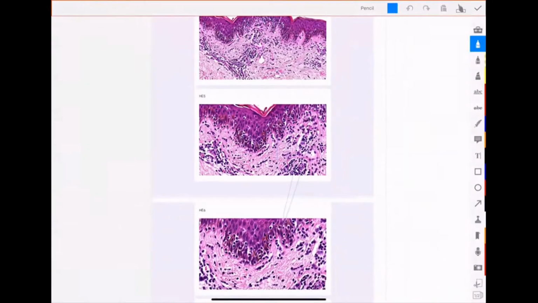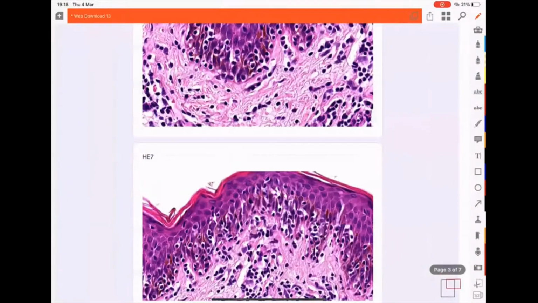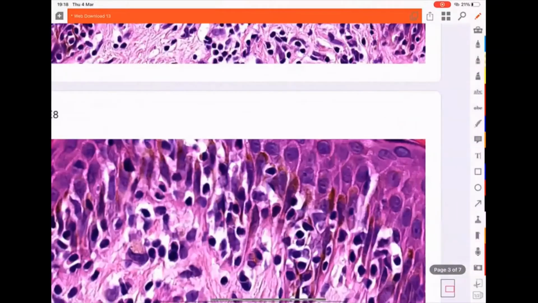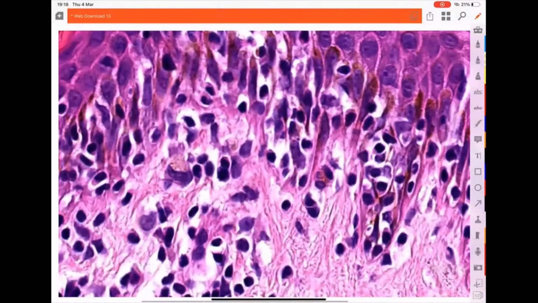However, the way that I will answer a case like this, I will say this is a superficial perivascular infiltrate with a spongiotic pattern and atypical lymphoid cells, right?